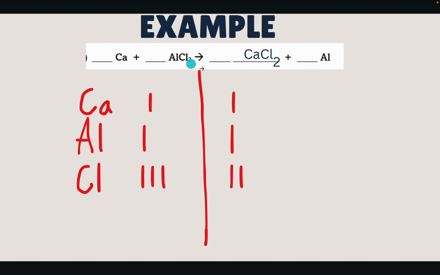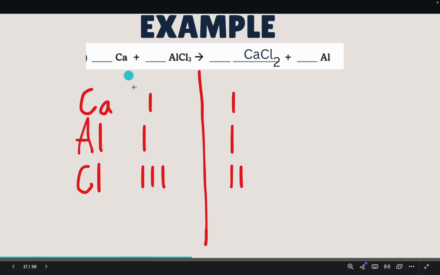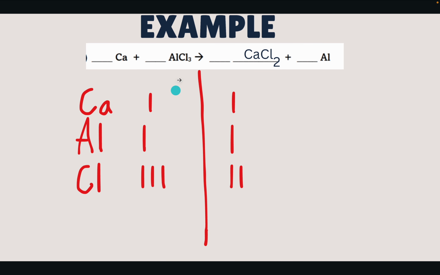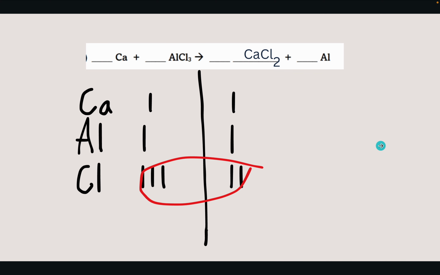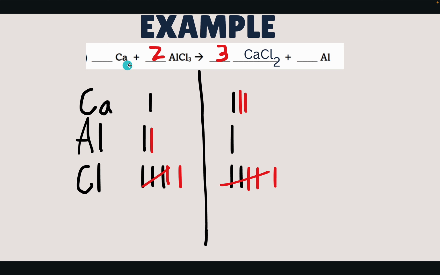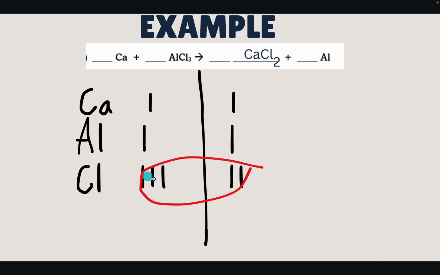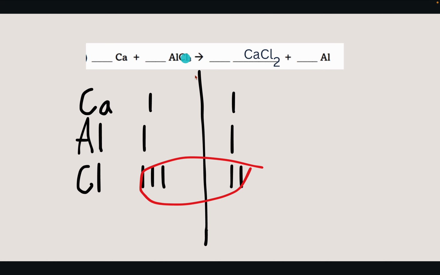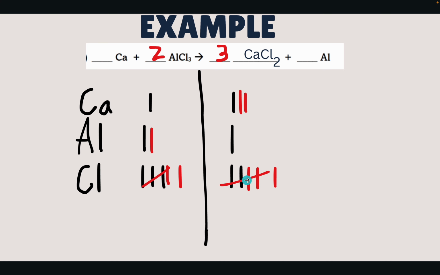So now we can do the tally chart. 1 calcium on this side, 1 aluminum on this side, 3 chlorines. 1 calcium on this side, 2 chlorines on this side, 1 aluminum. We're going to find that this doesn't match. So we're going to multiply first the number of chlorines on this side by 2, and the number of chlorines on this side by 3. So that is going to give us 6 chlorines on each side, but it's also going to affect the number of calciums.